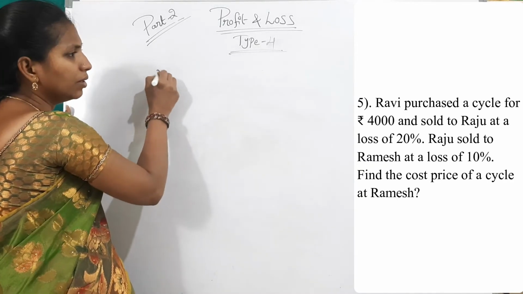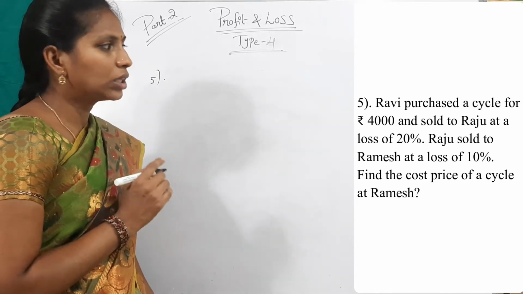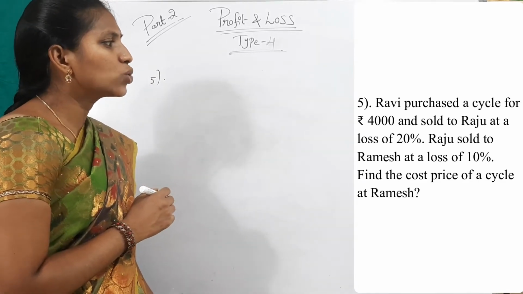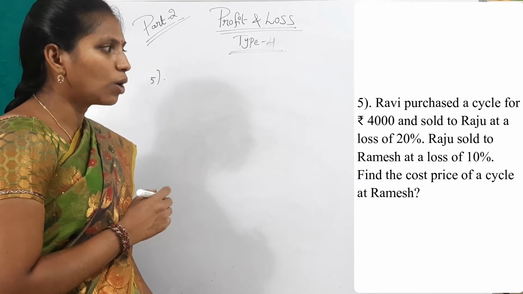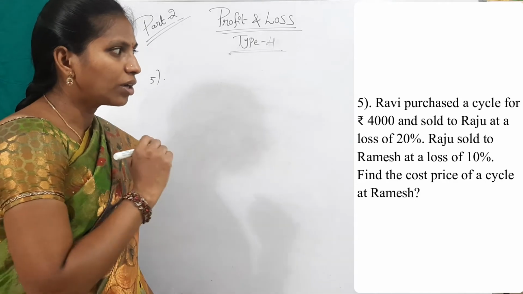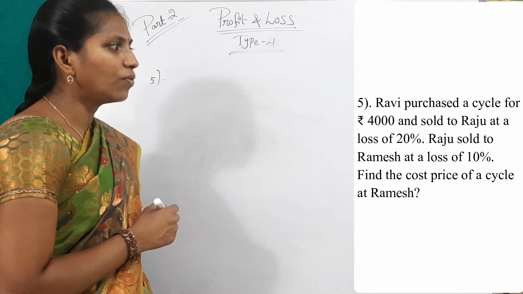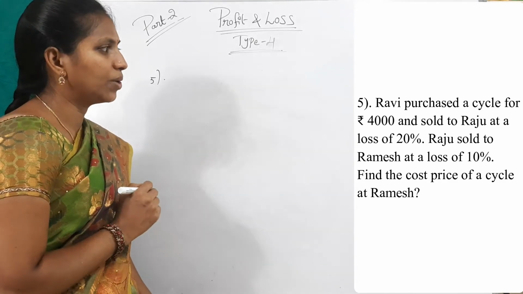Now fifth question. Ravi purchased a cycle for 4,000 rupees and he sold it to Raju at a loss of 20%. Raju again sold it to Ramesh at a loss of 10%. Find the cost price of the cycle for Ramesh.